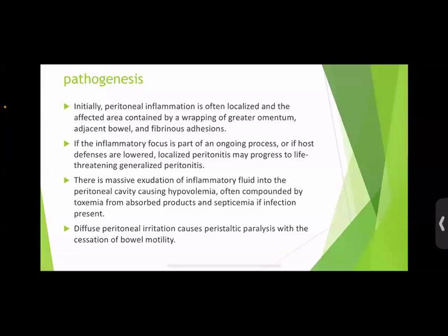There is a massive exudation of inflammatory fluid into the peritoneal cavity, causing hypovolemia, often compounded by toxemia from absorbed products, and septicemia if infection is present. Diffuse peritoneal irritation can cause paralytic ileus with a cessation of bowel motility.